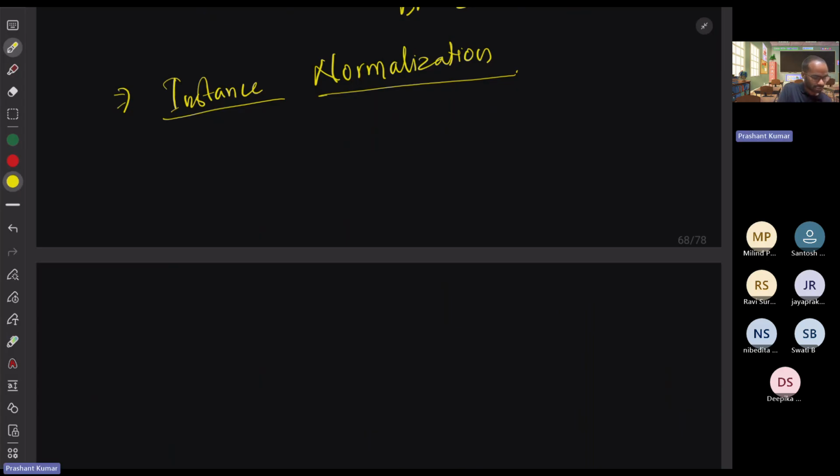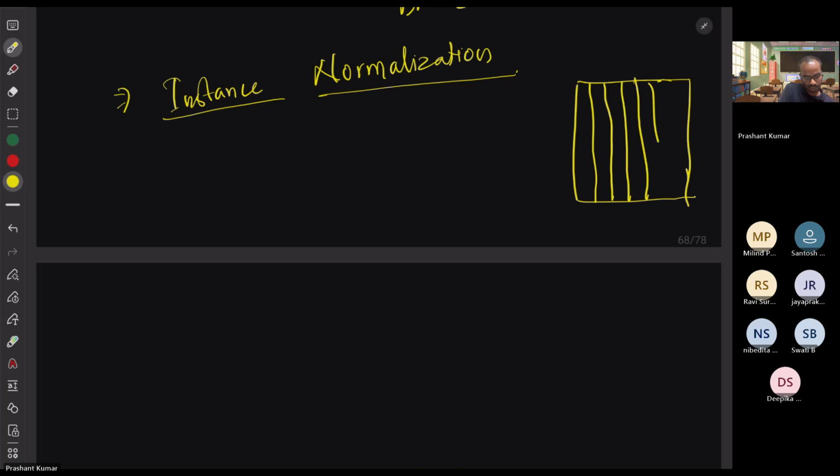And instance normalization is basically the concept where I find mu and sigma for each kernel and each input. So I will find the sigma here, here, here, here.